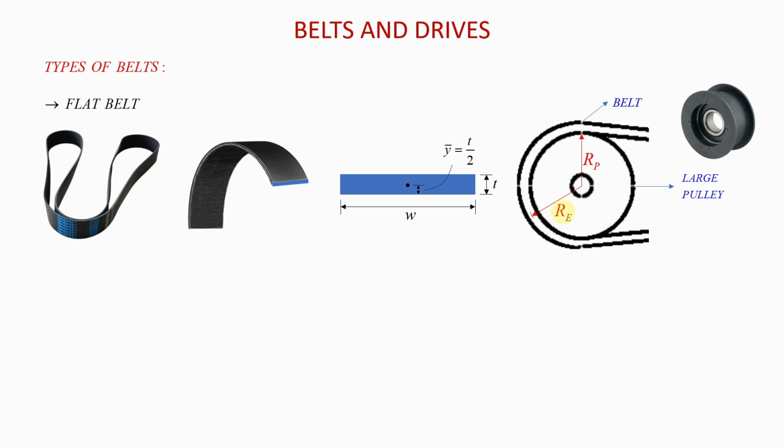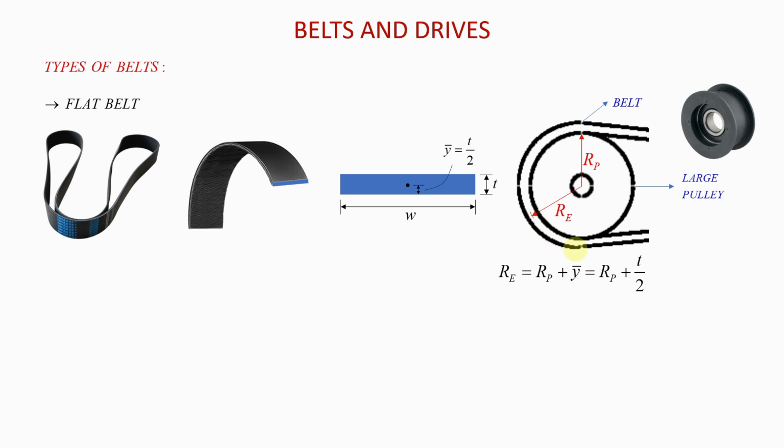And that is what we will refer to as RE, to say effective radius, and RP here was the radius of the pulley. And so we can see therefore that the effective radius is equal to the radius of the pulley plus y bar, because y bar is the distance from the bottom of the belt to the centroid.